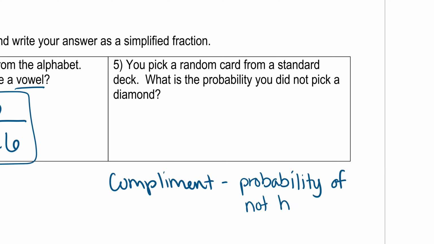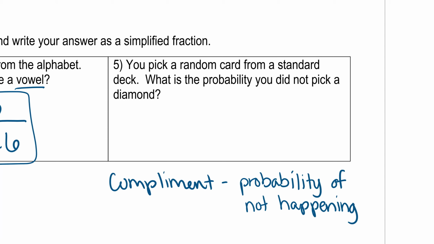Okay, that's all that means. So sometimes it'll ask, like with number 4, what's the probability of doing something? That's just normal. But when it says probability of not doing something, we call that the complement. And the complement just means probability of not happening.